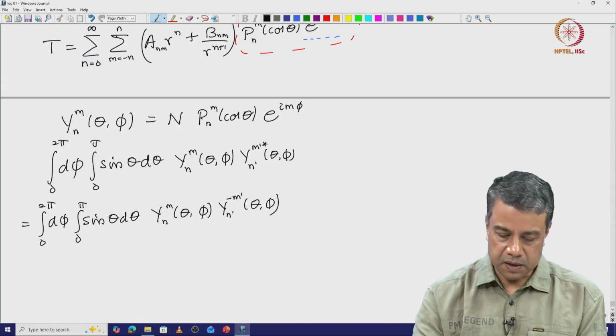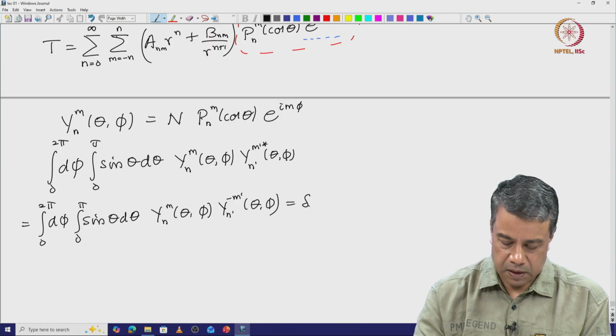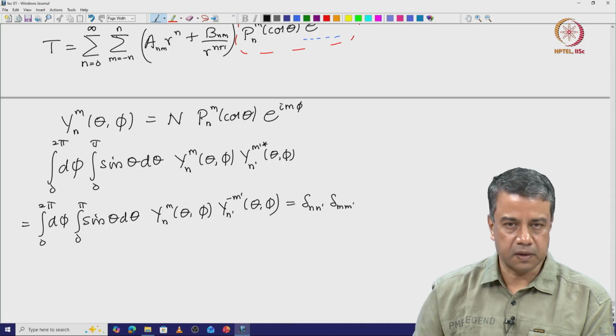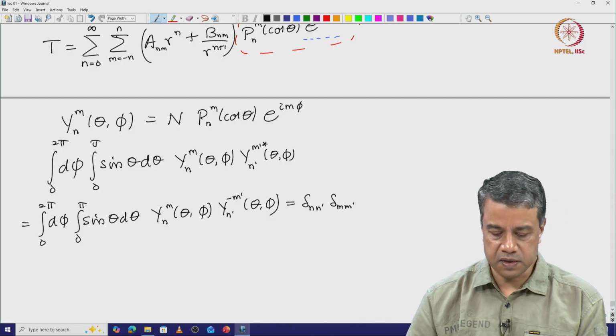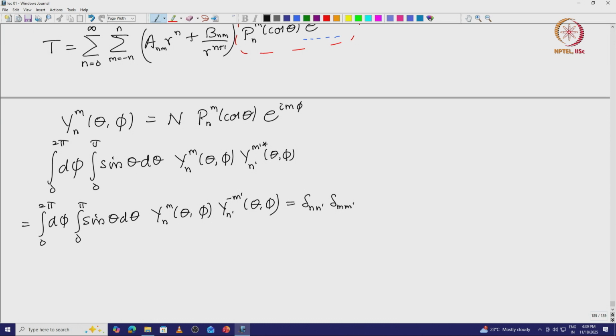This is equal to delta n n prime delta m m prime. So the normalization constant is chosen such that the orthogonality relation between the spherical harmonics is 1 if n is equal to n prime and m is equal to m prime, and 0 otherwise. These are the spherical harmonic expansions.